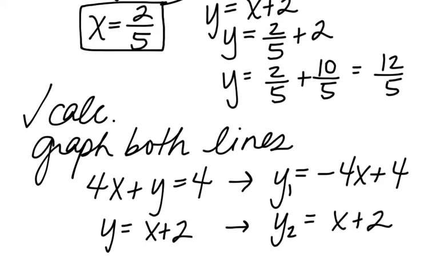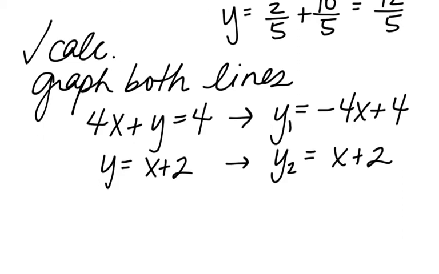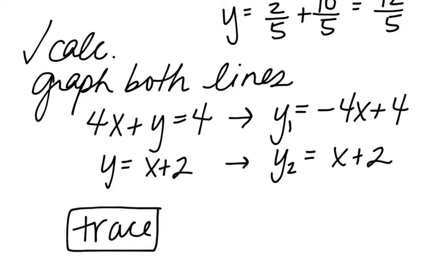Then you'll go ahead and graph both of these lines. And then remember, you have a button at the top of your calculator that says trace. And above the trace button is your calculate menu. So you want to go ahead and go second trace, which will bring up that calculate menu or calc menu, and then choose number 5.